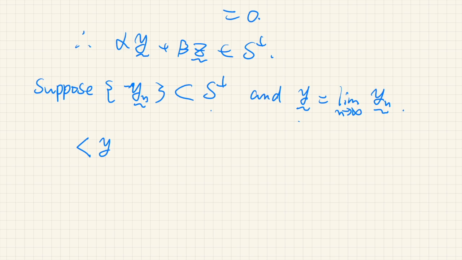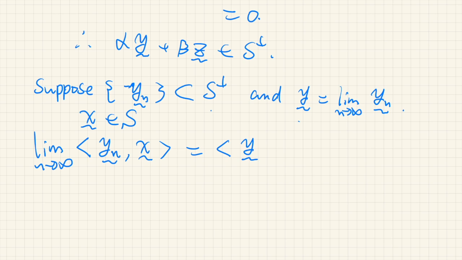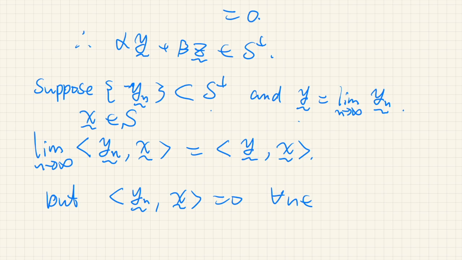So take the inner product of Y_n with X, where X is an element of S. If we take the limit, by the continuity of the inner product, this converges to the inner product of Y and X. But the inner product of Y_n and X is always 0 for any natural number n.